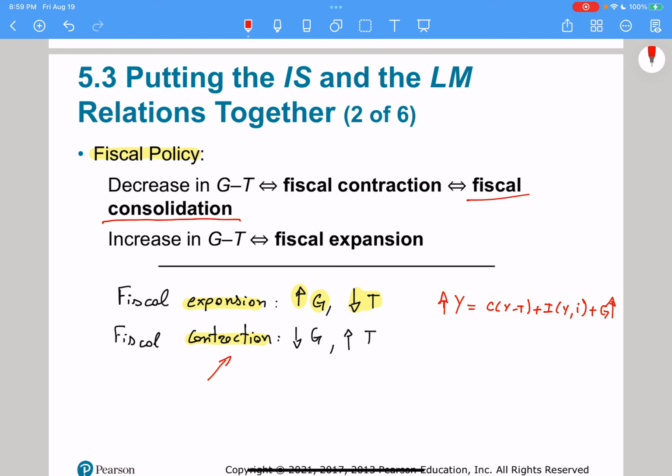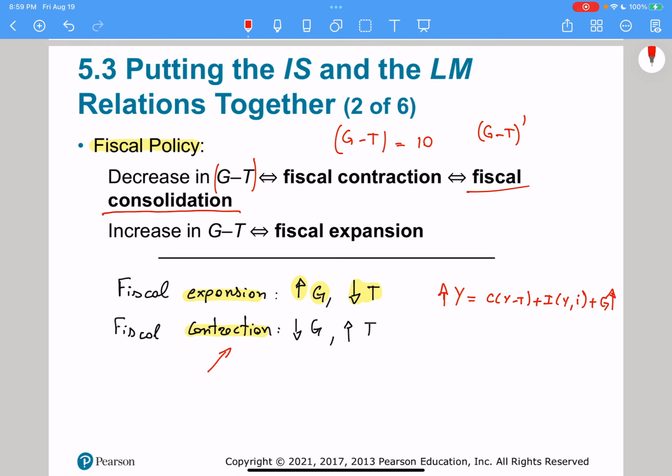But to have a fiscal consolidation, we have to have a decrease in this relation here. So G minus T equals, let's say, 10, and then G minus T prime. Something is happening within this parenthesis, I don't know which one is changing, and this is leading to, let's say, 8. So a decrease in this combination of G and T is a fiscal consolidation.